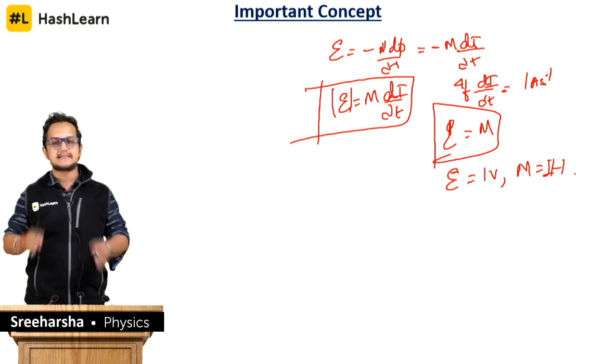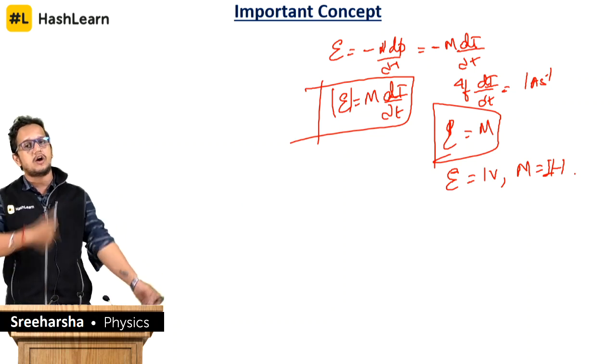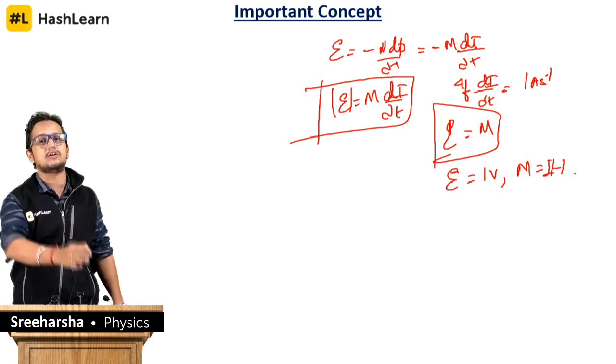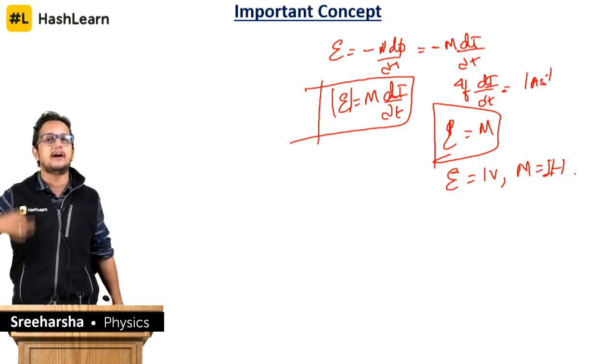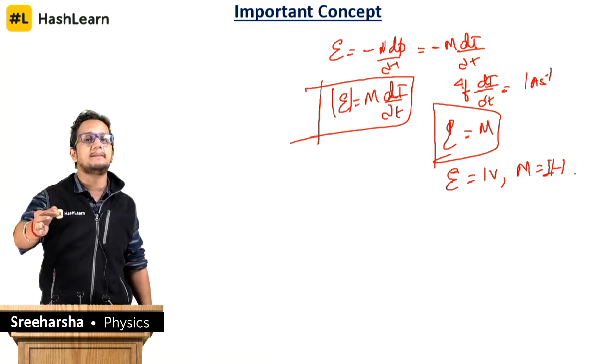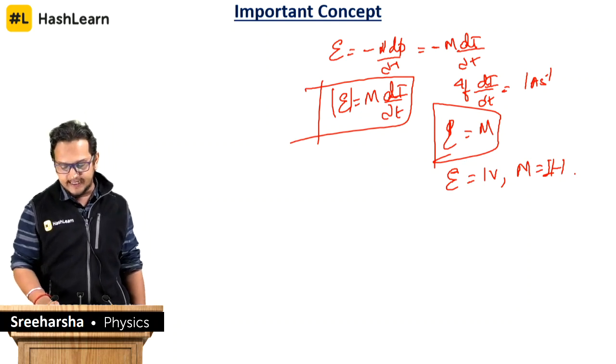The mutual inductance is said to be equal to 1 Henry if the EMF induced in the secondary coil is equal to 1 volt when the current in the primary coil changes at the rate of 1 ampere per second. So that was the mutual inductance.